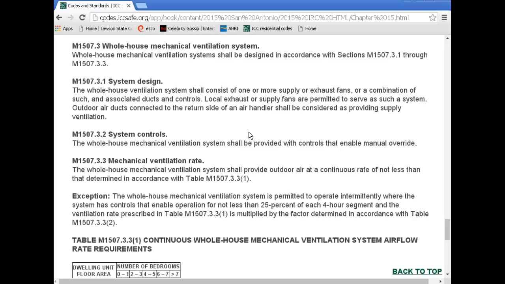What have we done before? Typically, we'll figure out what the minimum ventilation from outside needs to be. We will tie that into the return air duct of our air conditioner system, and when it cuts on, it pulls some fresh air in. That is typically what we're going to do, unless you have your own duct system and blower motor. So let's take a look at this.